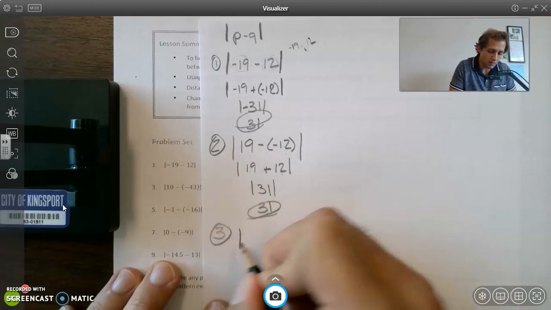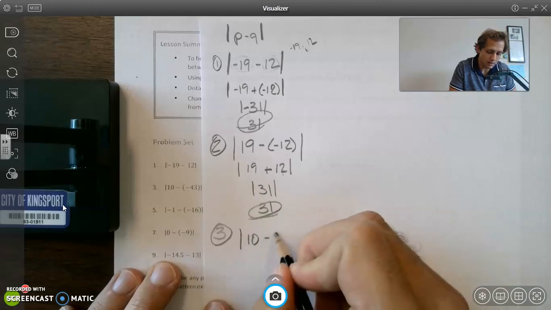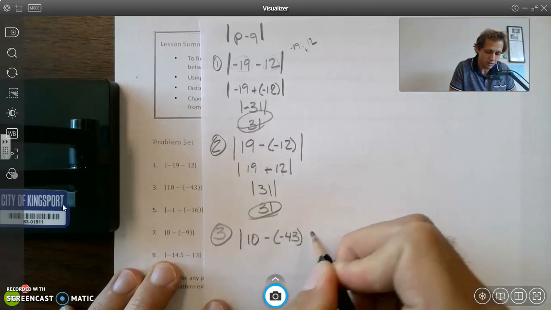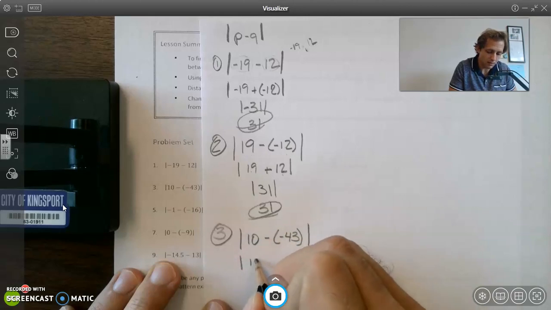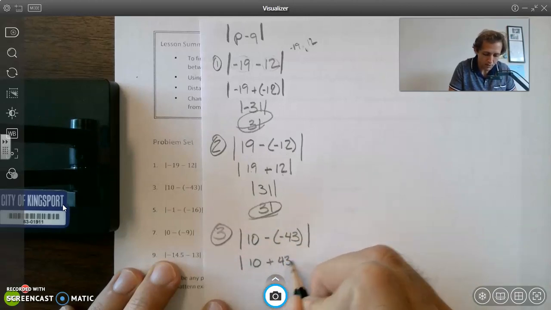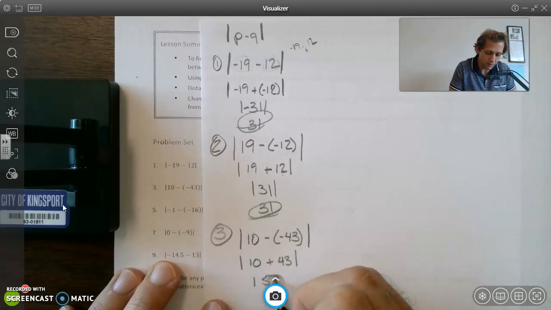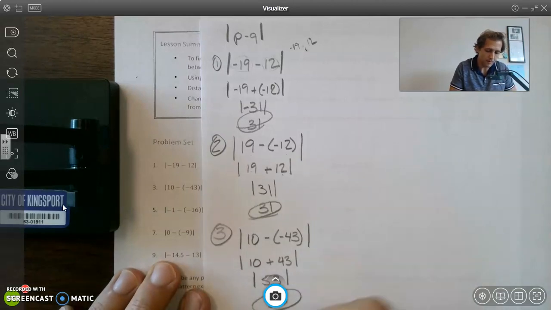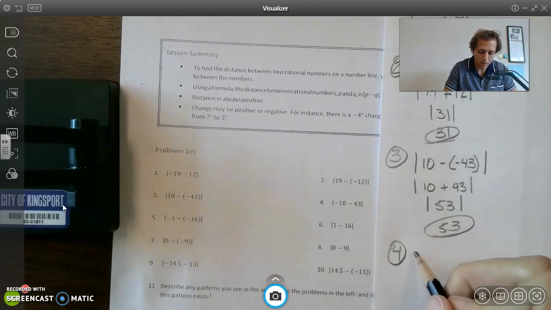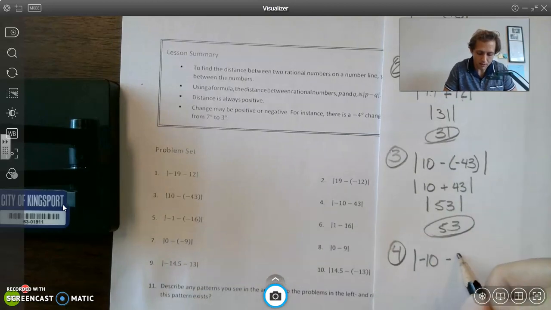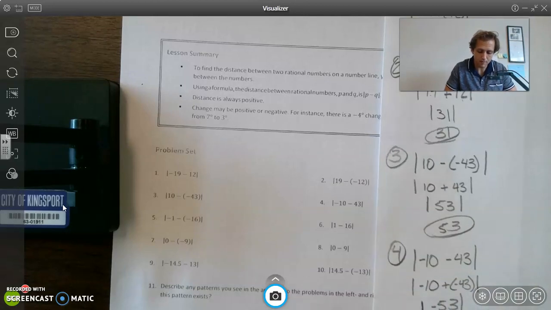The absolute value of 10 minus negative 43. Going a little faster here. The absolute value of 10 plus 43 is going to be the absolute value of 53, which is 53. Number four. The absolute value of negative 10 minus 43 is going to be negative 10 plus negative 43, which is the absolute value of negative 53, which is 53.